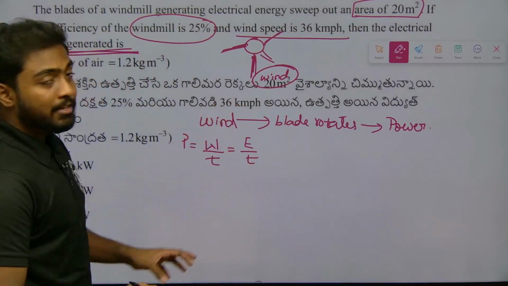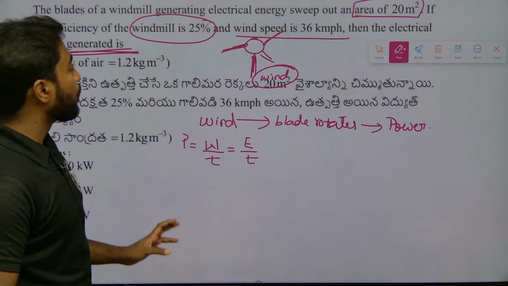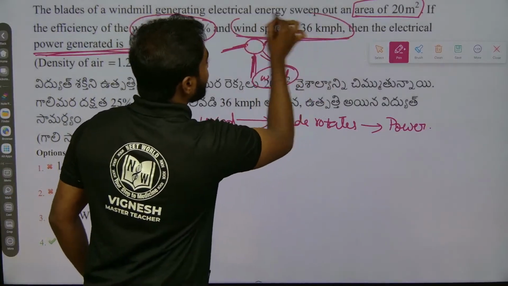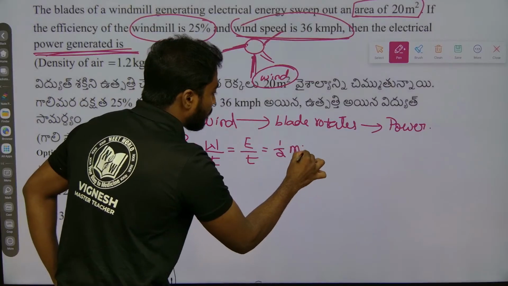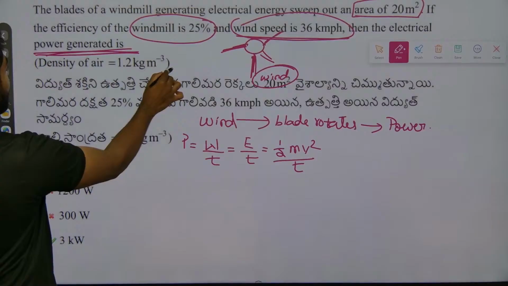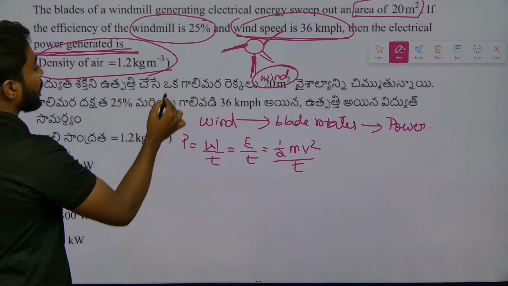What is the energy here? We can take kinetic energy, since the speed is given as 36 km per hour. So I will take half m v square by t. They have also given the density of the air, 1.2 kg per meter cube.